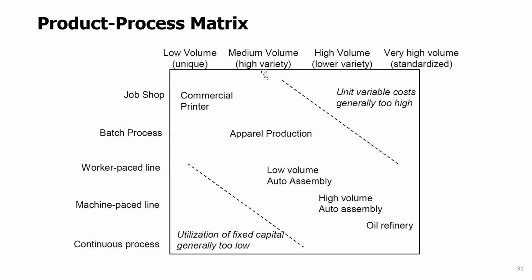And then there are assembly lines, like worker-paced or machine-paced lines. When the desired volume is even higher, unfortunately assembly lines allow for even less variety. For example, car manufacturers produce one model on an assembly line that is usually set up for one model of a car, and relatively speaking, very little variety can be introduced.